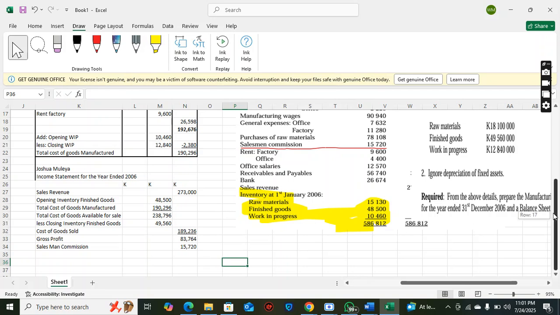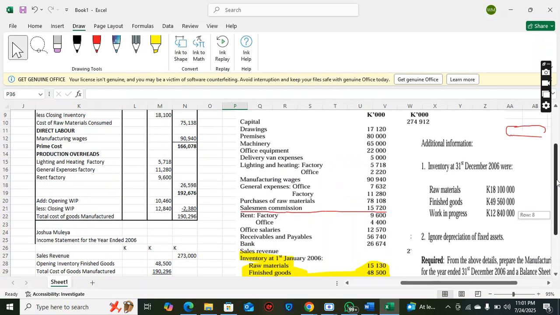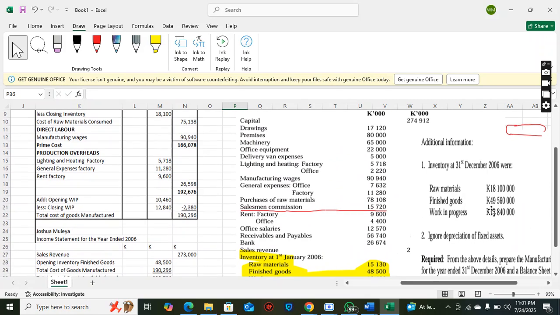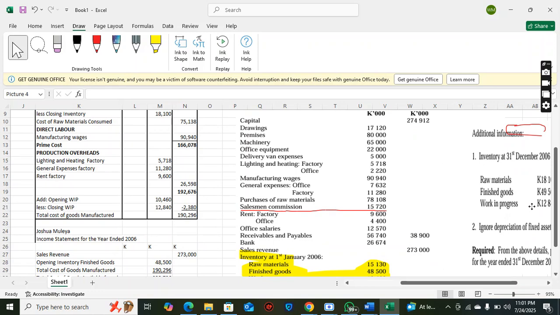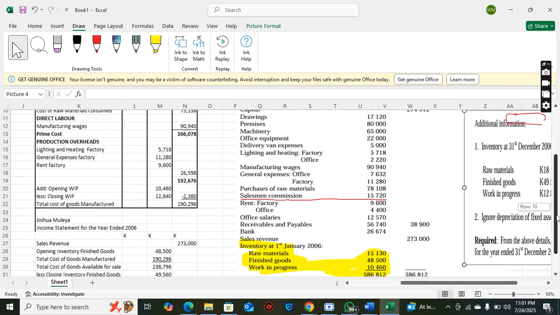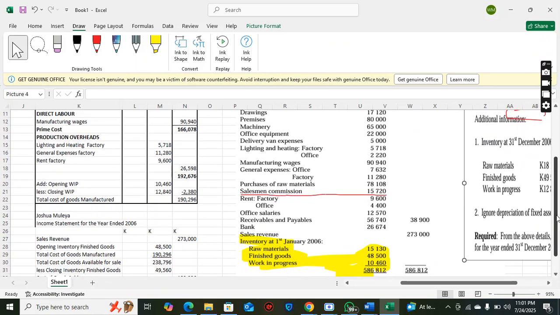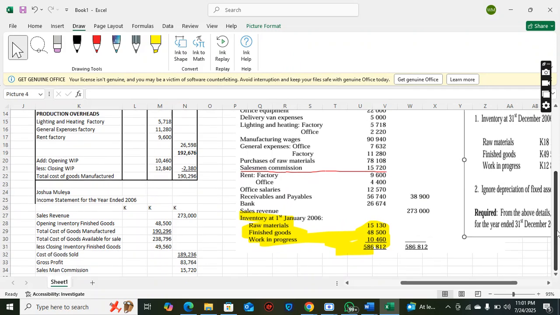Is there any other income here? Let's see. Wait, colleagues, I think this salesman commission is maybe actually an expense because it doesn't say commission received.